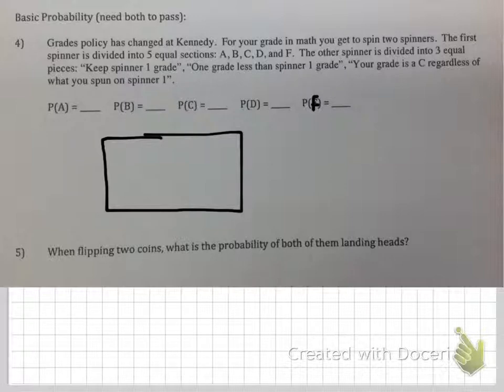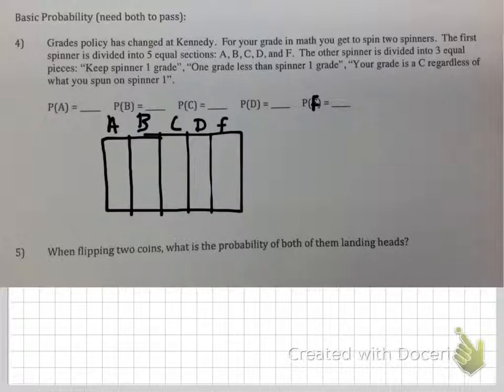My first spinner is divided into 5 equal sections, an A, a B, a C, a D, or an F. Okay, and then my other spinner is, you get to keep, you get to minus 1 grade.